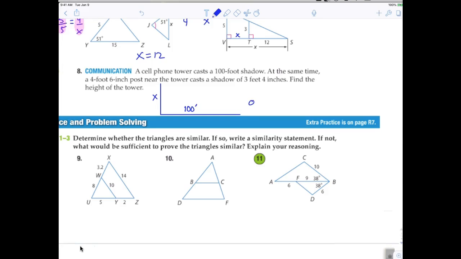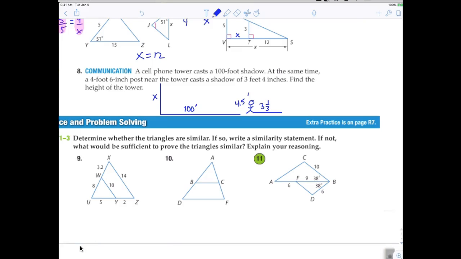So here you are, standing over here, all right? You are 4.5, like a post. And your shadow, how long is your shadow? 3.3 repeating. Yes, we'll call it 3 1/3.